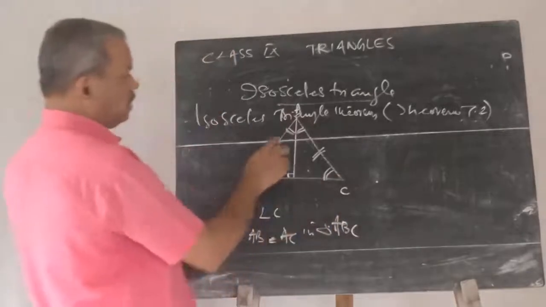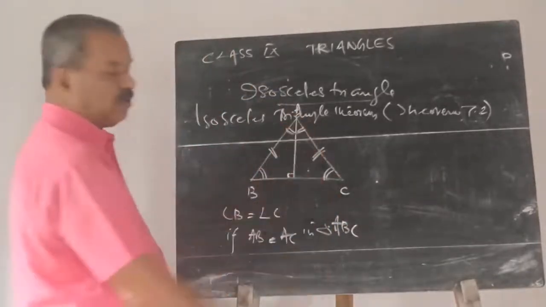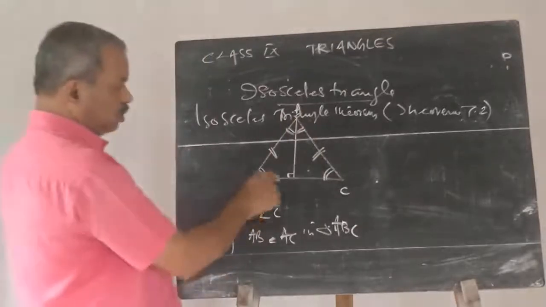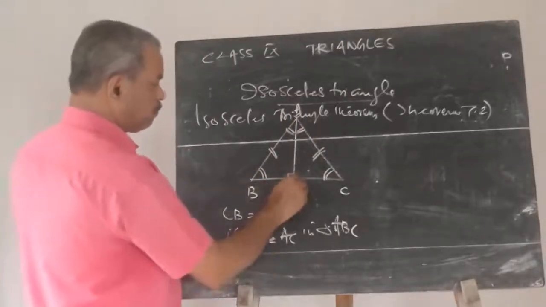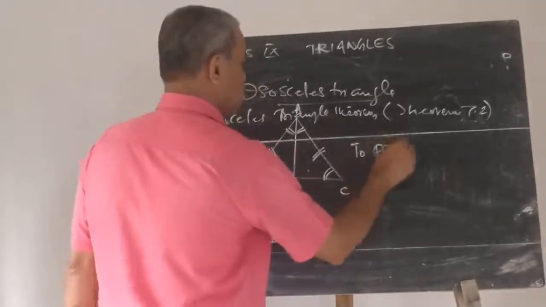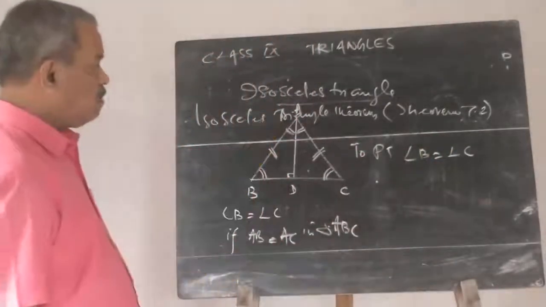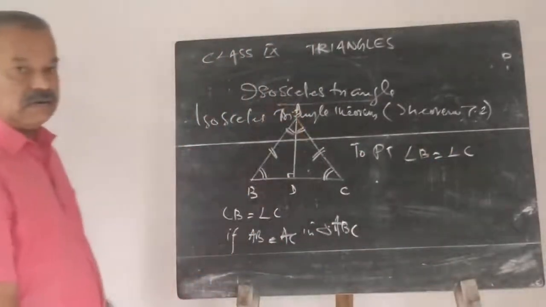In triangle ABC, if AB equal to AC, then show that angle B equal to angle C. To prove that angle B equal to angle C, first draw a bisector of angle A in the triangle.